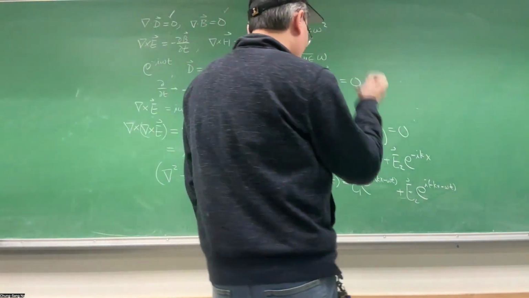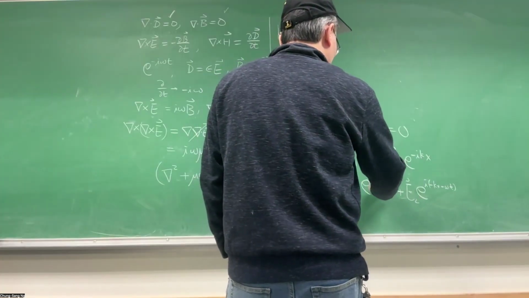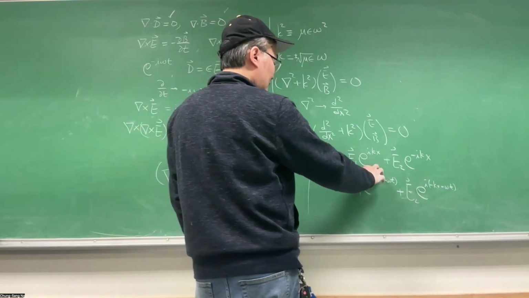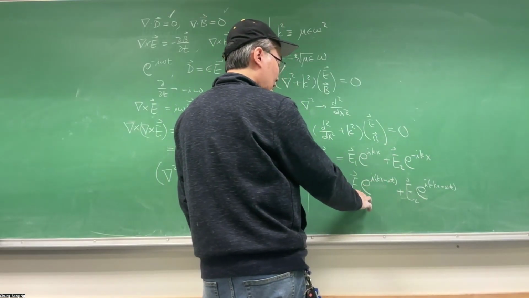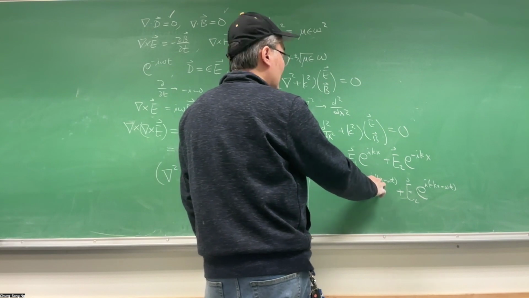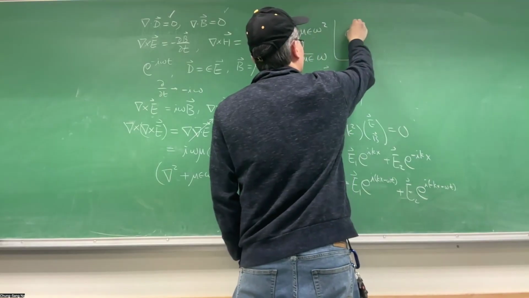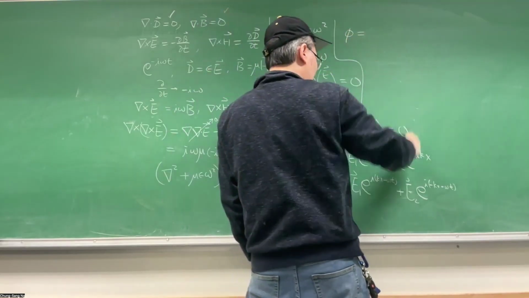Now when you write it this way, you can see the physics of this term. This is an exponential function of i times a phase. So let's call the phase phi. It's not the cylindrical azimuthal coordinate, just the phase.